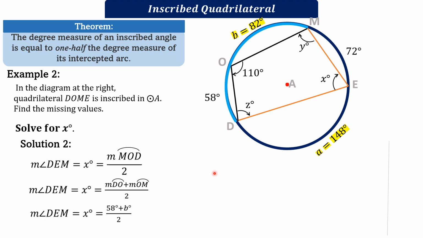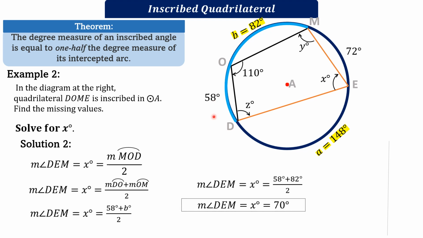Substituting the given, arc DO measures 58, and B was computed already, which is equivalent to 82. Therefore, the measure of angle DEM is 70 degrees.